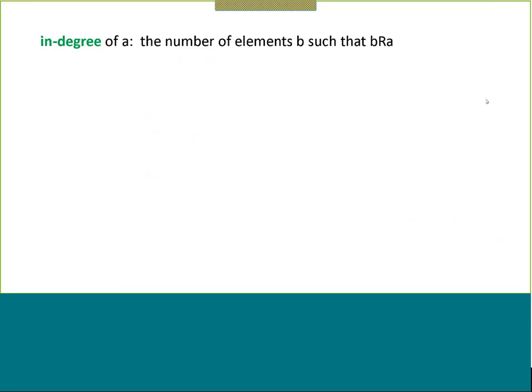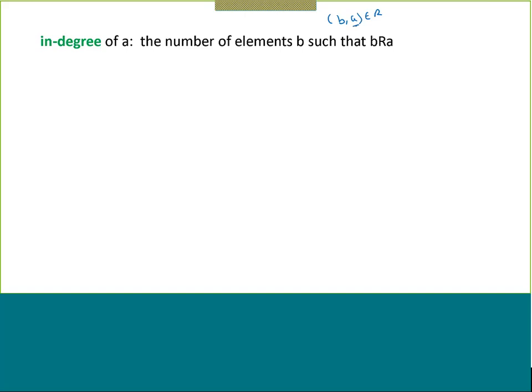An in degree of some element A, which would be in your building set, is the number of elements B where B is related to A. Now this is the formal definition, what you would see inside of your relation. So in terms of what you're looking at here, you'd be looking for your ordered pairs where A is in the second slot.